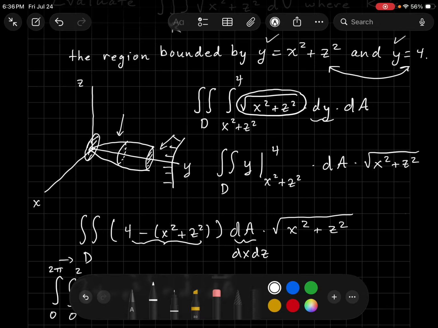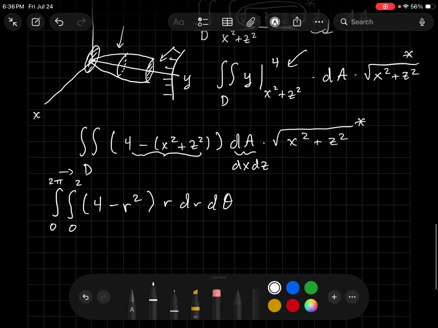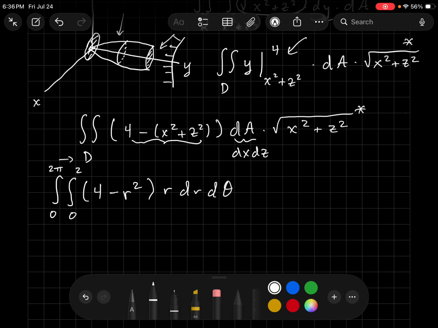So let's put it back here, and let's add it back here to the end as well. How does that affect us? Not by much, because I know that if x squared plus z squared equals r squared, then this back part, the square root, is simply r itself. r is the square root of x squared plus z squared.